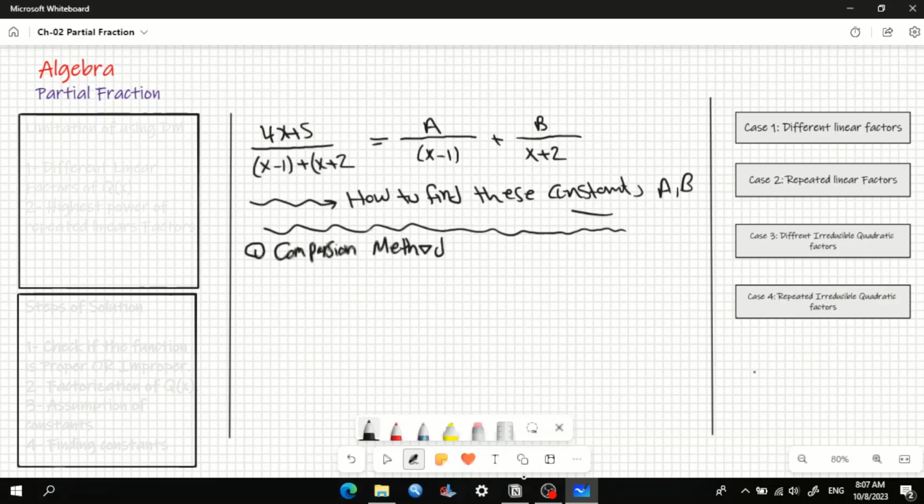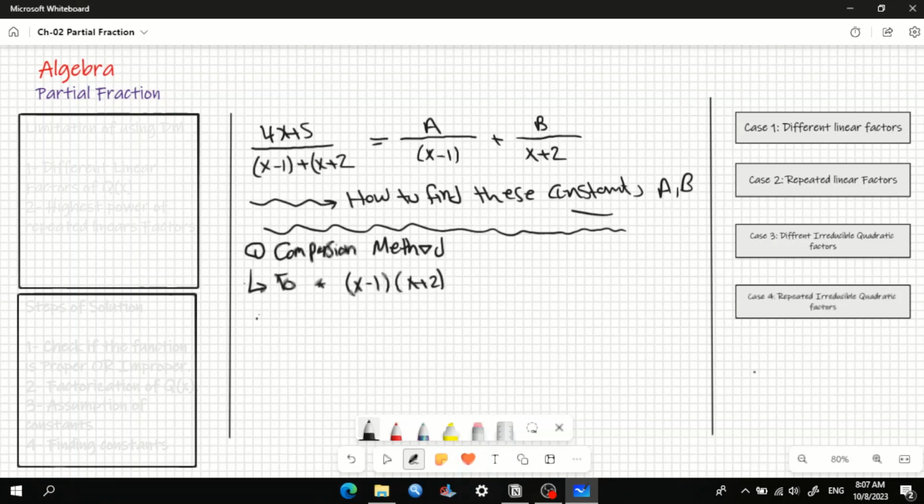Here, to find a and b, we compare the coefficients of x, x squared, x cubed. The first step in the comparison method is to multiply by the common denominator. Here the common denominator is x minus 1 times x plus 2, on both sides.